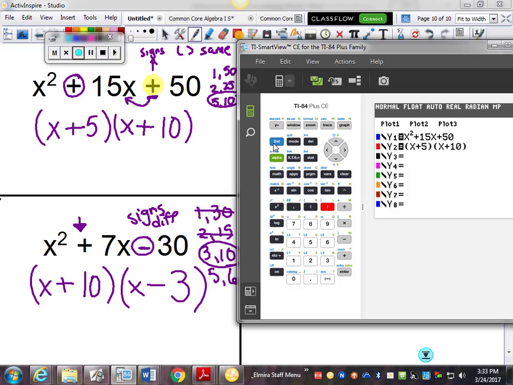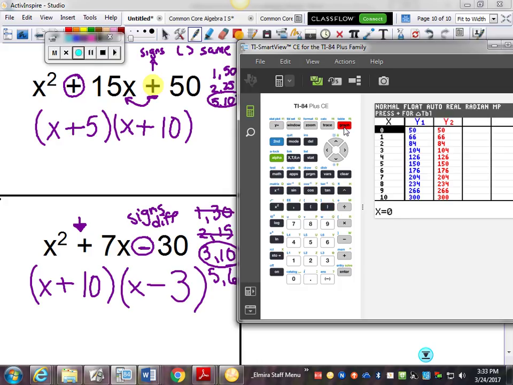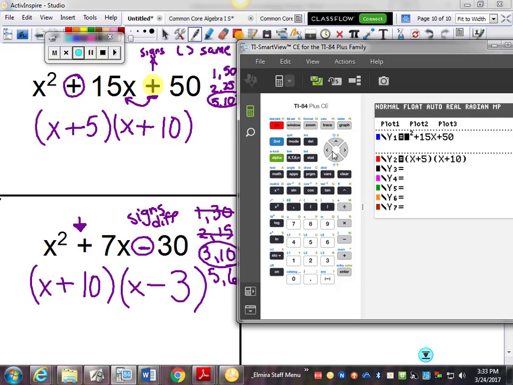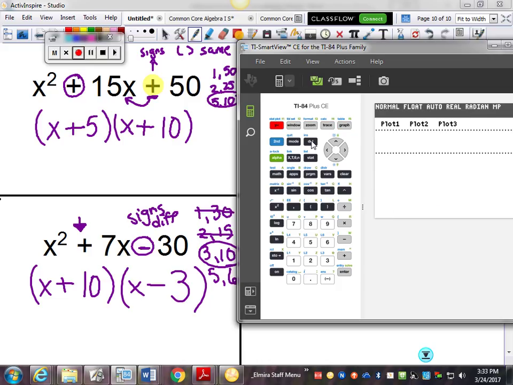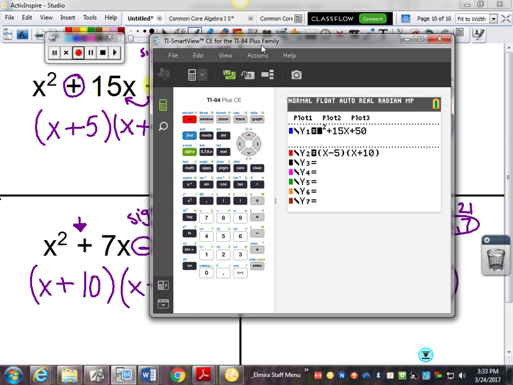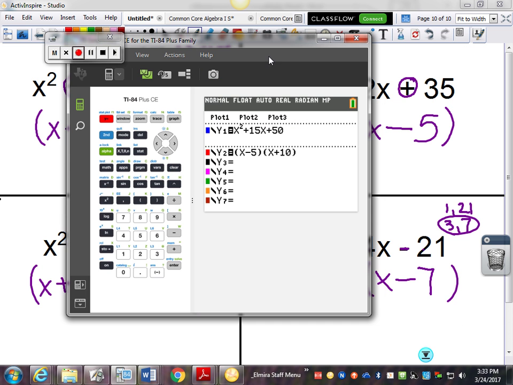Now I recommend looking at the table because sometimes you won't see the graphs. As long as in your table your two y columns match, you did it correctly. If you mess up a sign or something and you look at your table, you will get different numbers for y's. That will be how you know that you did it wrong. You go back and look at how you factored things.